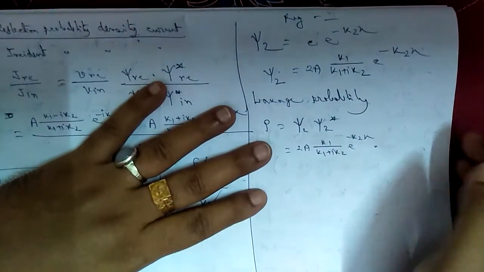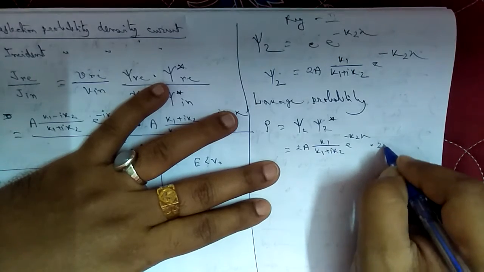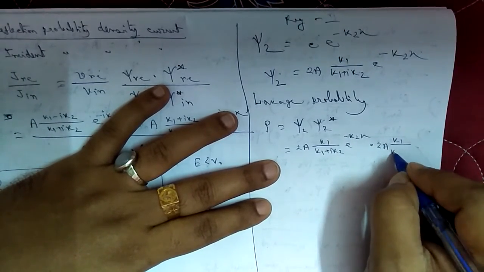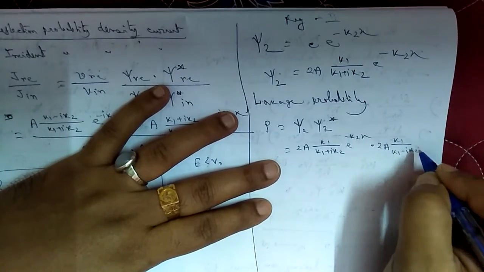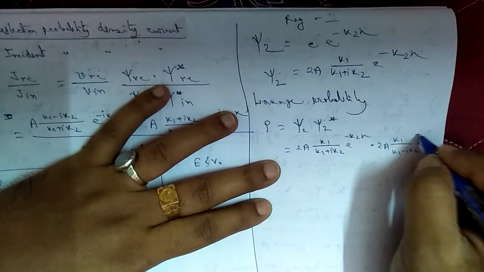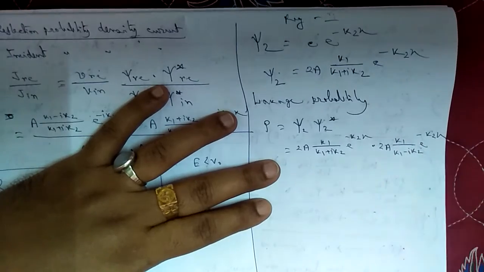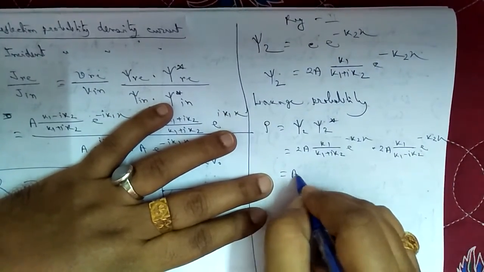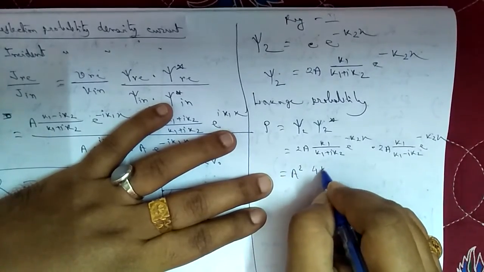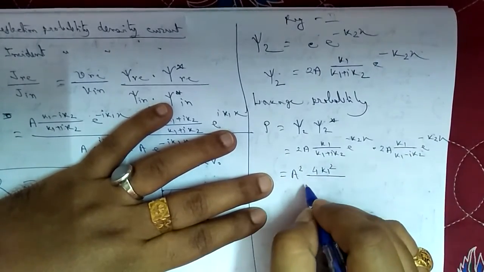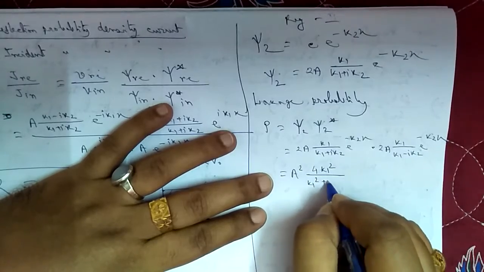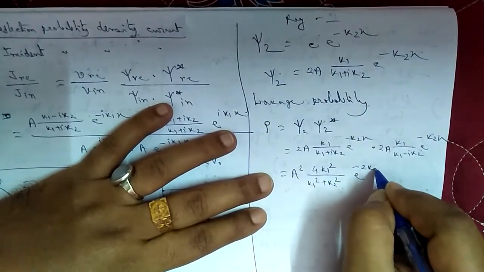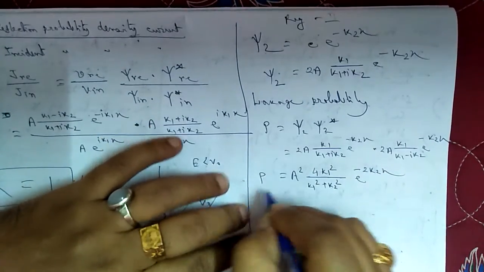Then psi 2 star will be equal to 2a k1 divided by k1 minus i k2, into e to the power minus k2 x. When you calculate this, finally you get a square into 4 k1 square divided by k1 square plus k2 square, into e to the power minus 2 k2 x. P will be like that.